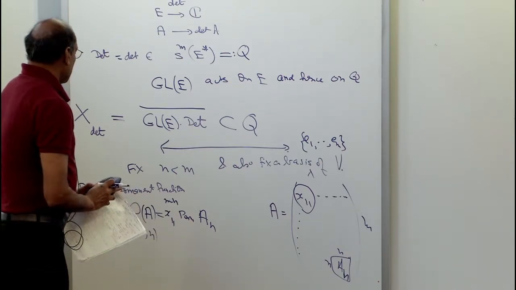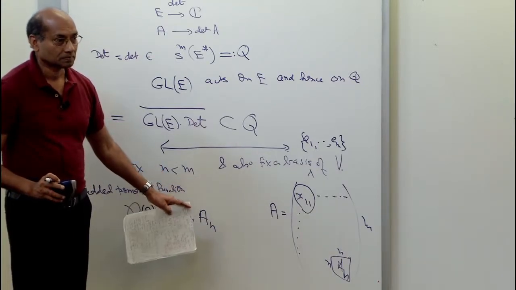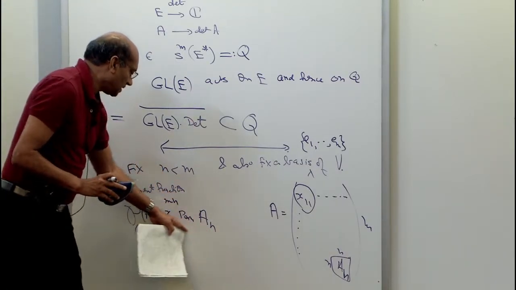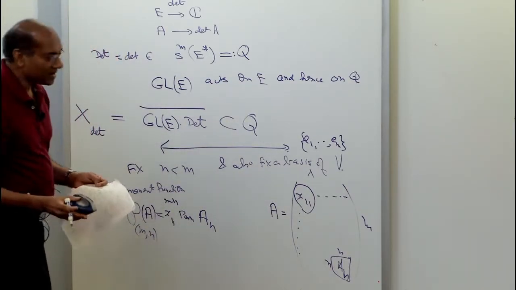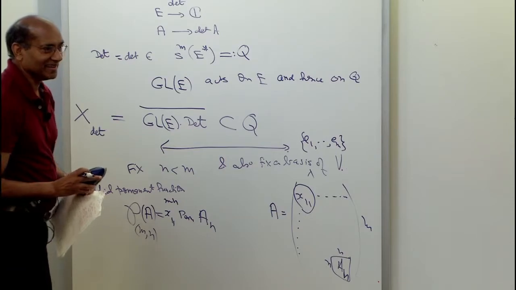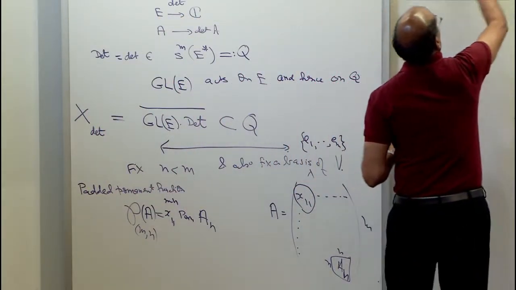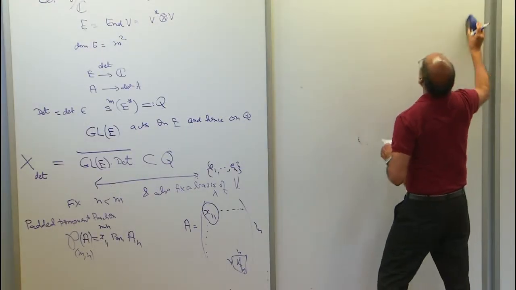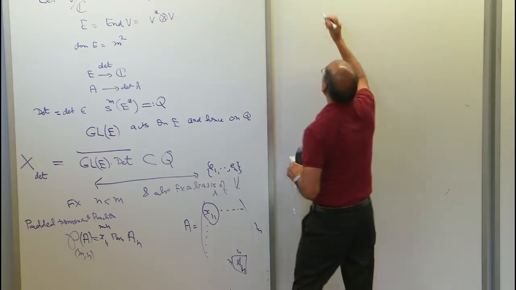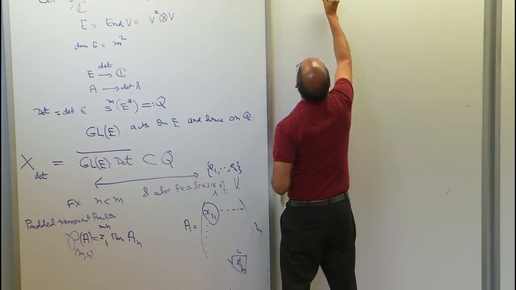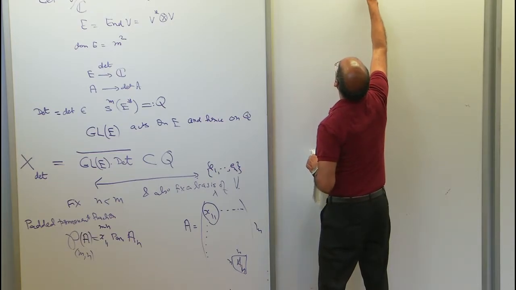Now again this becomes a polynomial of degree m, because the permanent is a polynomial of degree n, and I have padded it by m minus n degree. So again, I think of P_mn as an element in S^m of E star.